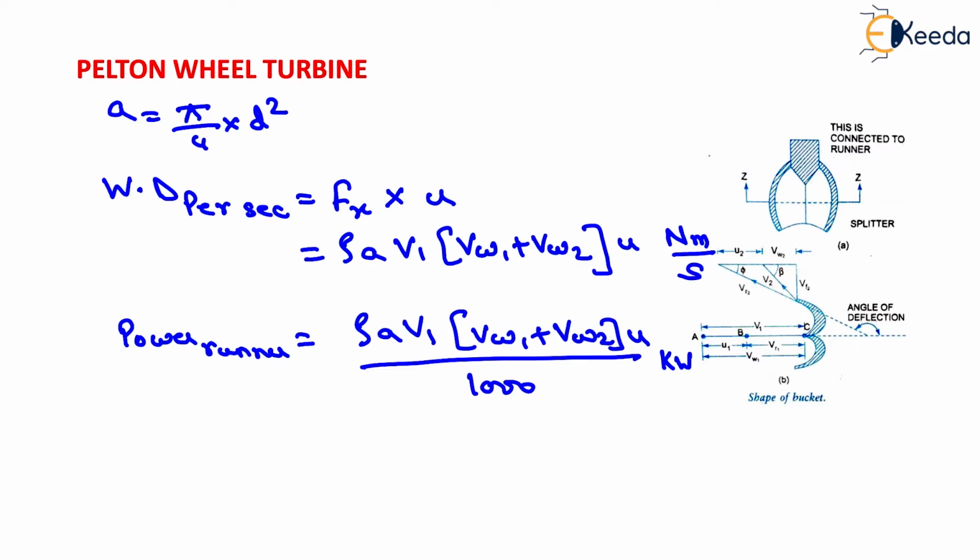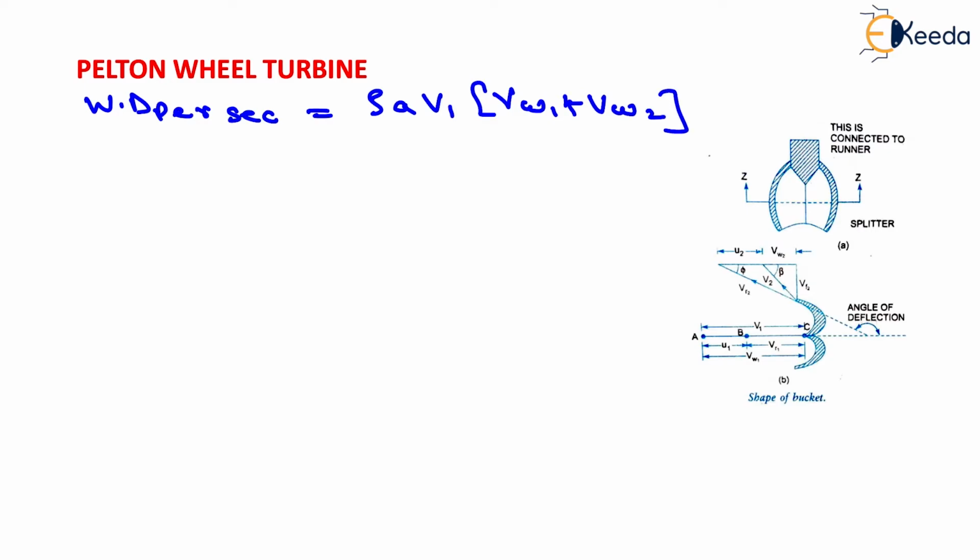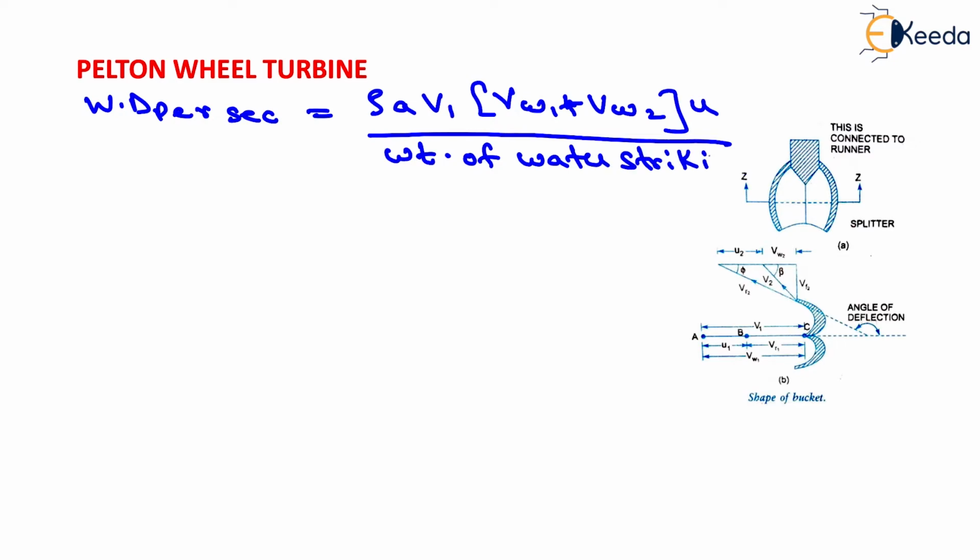Now the work done per second per unit weight of water striking per second will be equal to rho into a into V1 (VW1 plus VW2) into U upon the weight of water striking per second.